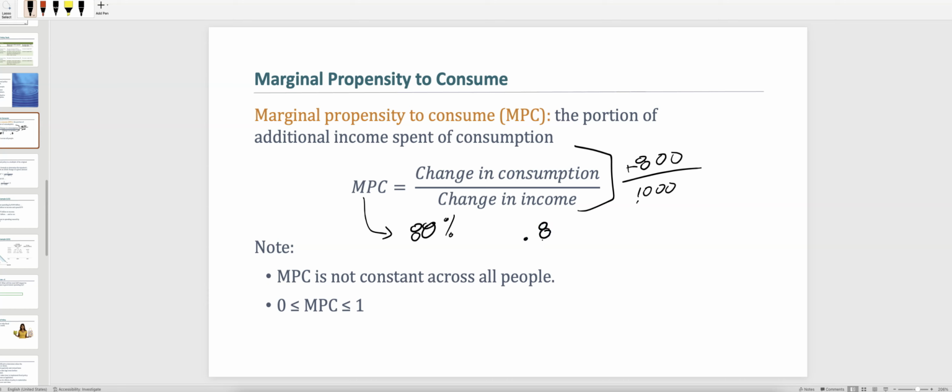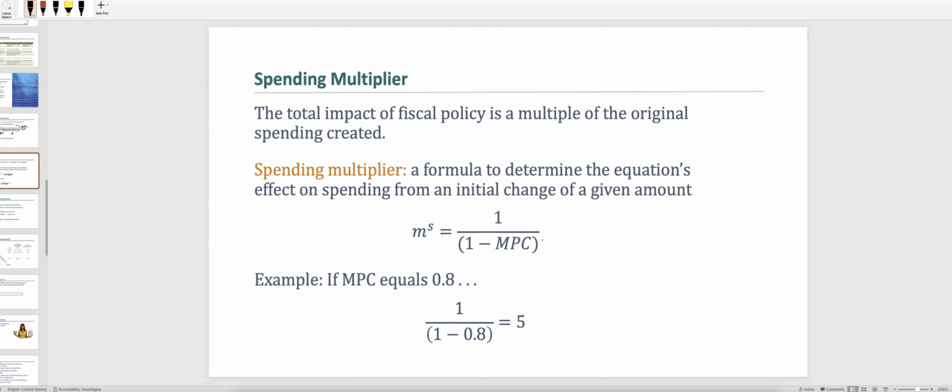Because then what we're going to do is use that MPC that we've just calculated to find what the multiplier is. And that's going to be 1 over 1 minus 0.8, which would be 1 over 0.2, which in this case would equal 5.